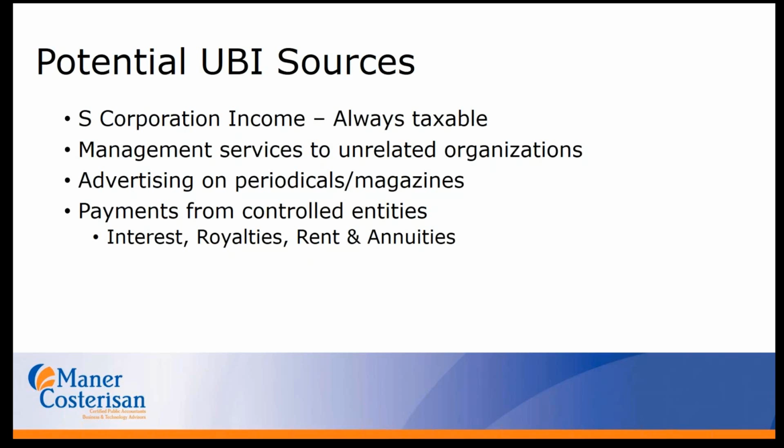And a lot of times I see that when they want to start running their unrelated activities through a corporation instead of their 990T. Because they're related, it was way too easy for the corporation to come up with an amount to pay the not-for-profit organization in interest, royalties, rent, or annuities and drop their taxable income to 0.